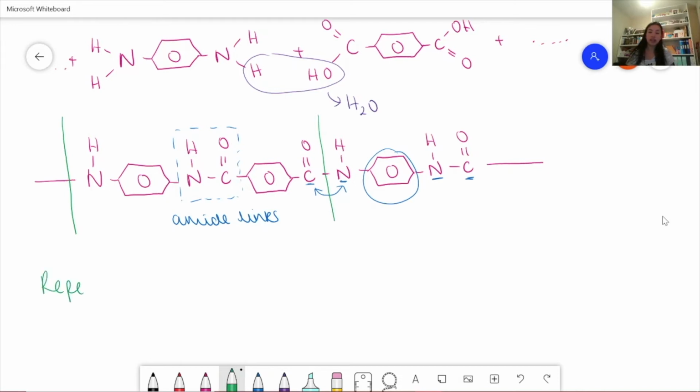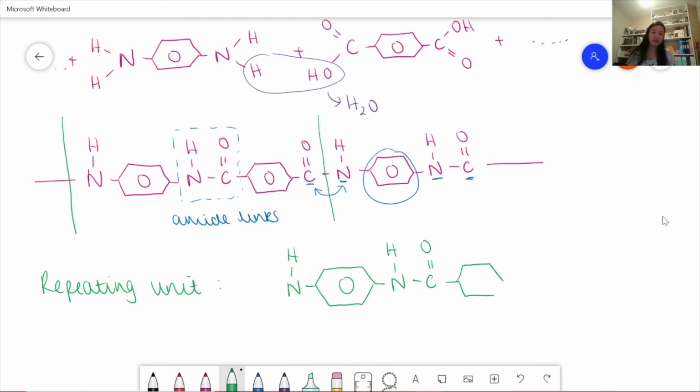So we have the repeating unit is this NH benzene, and then we have the amide link, and then another benzene, and then a C double bond O. And so this is our repeating unit for Kevlar.